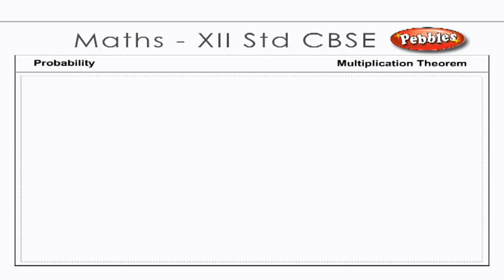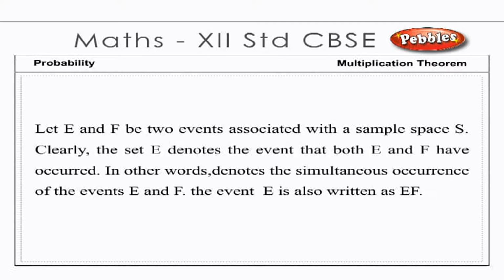Multiplication theorem. Let E and F be two events associated with a sample space S. Clearly, the set E intersection F denotes the event that both E and F have occurred. In other words, E intersection F denotes the simultaneous occurrence of the events E and F. The event E intersection F is also written as EF.